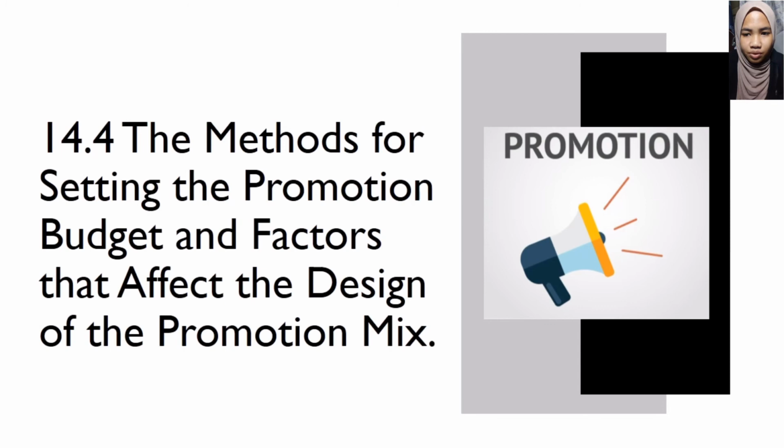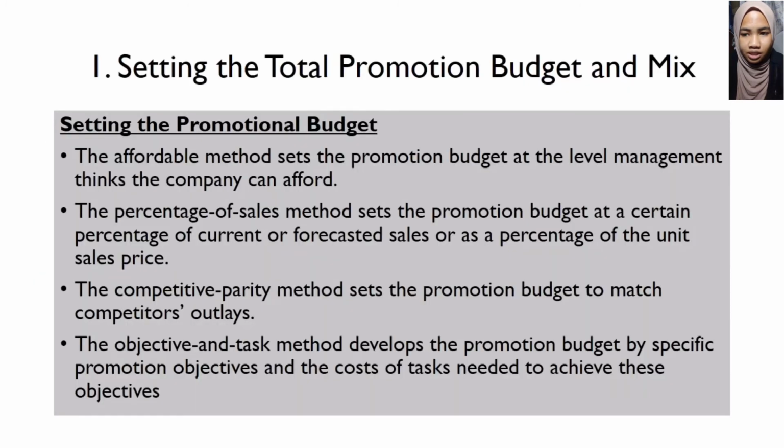The methods for setting the promotion budget are connected with setting the total promotion budget and mix. The affordable method sets the promotion budget at the level management thinks the company can afford.